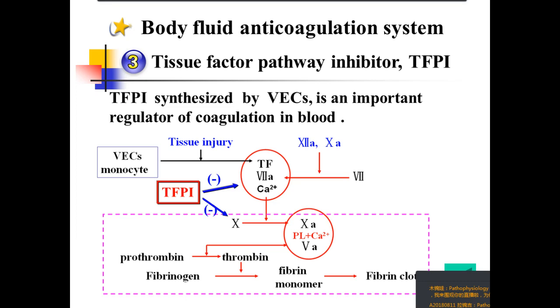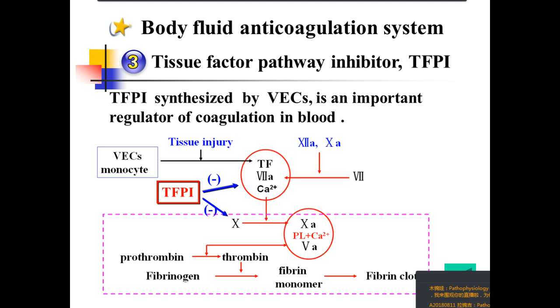TFPI increases and can inhibit the activity of the complex. Also, TFPI can combine with coagulation factor 10, so factor 10 can't combine with coagulation factor 5. With no complex, the coagulation pathway is inhibited. So heparin and TFPI have anticoagulation function.